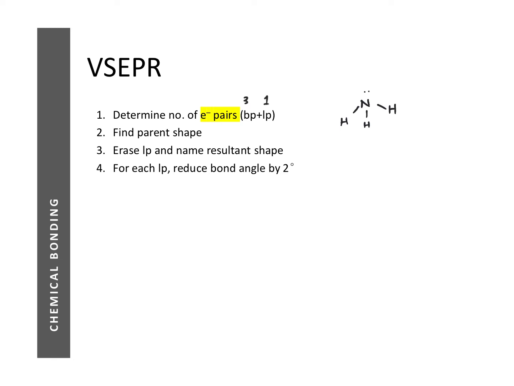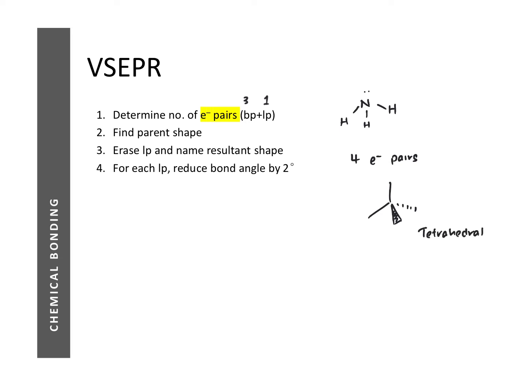Now from the number of electron pairs, we can find the parent shape. What do I mean by parent shape? If I have four electron pairs, how do I separate the four pairs of electrons as far apart as possible? The answer is that you have to put them in what we call a tetrahedral arrangement.